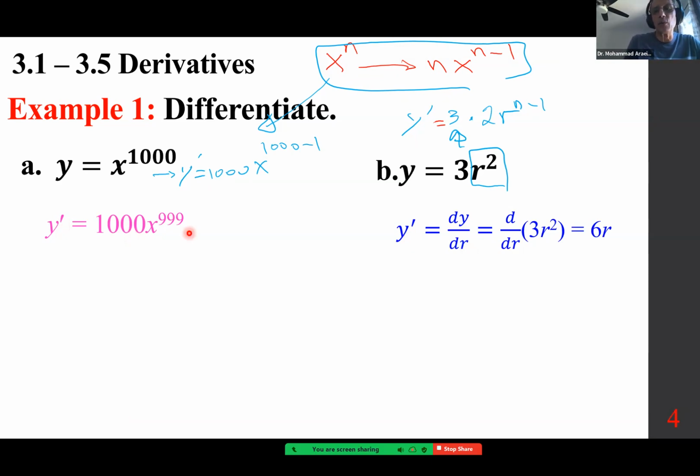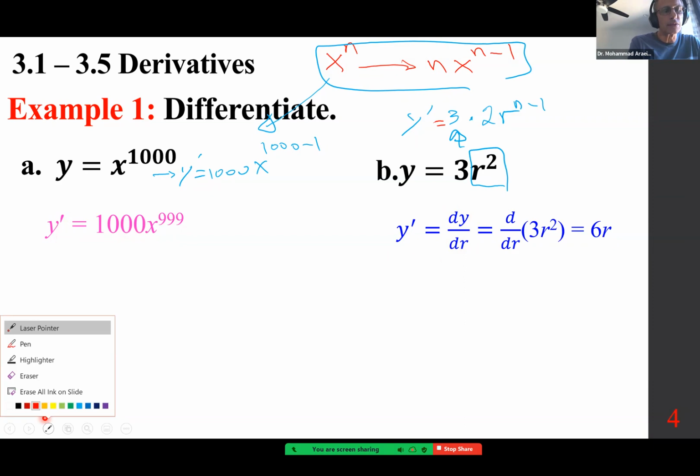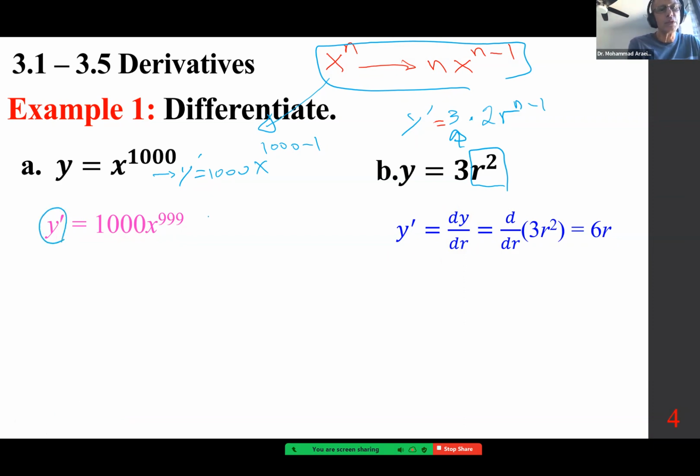But in this case, if I want to go with this notation, which is the Leibniz's notation, dy/dr, over here I would write dy/dx. So the notation for here would be dy/dx, telling the reader the independent variable is x.